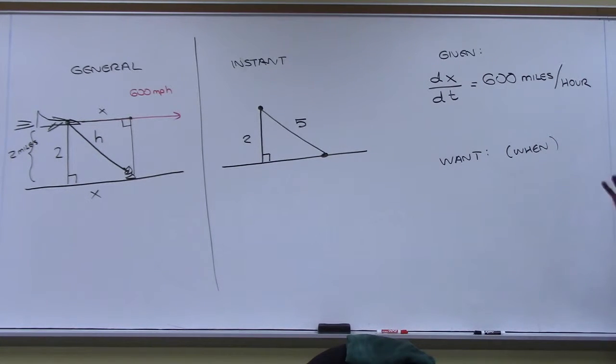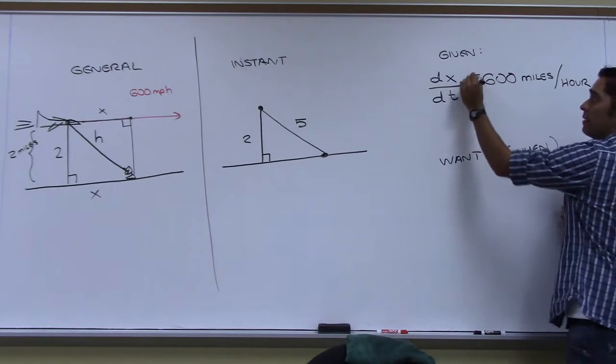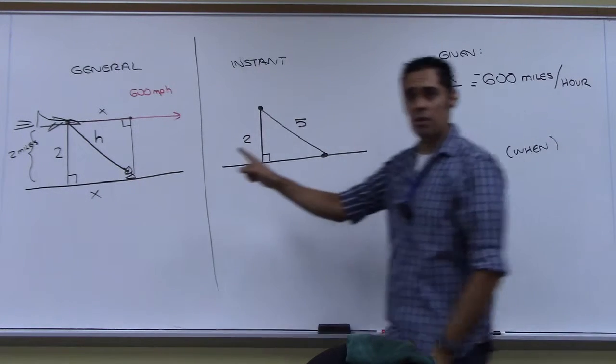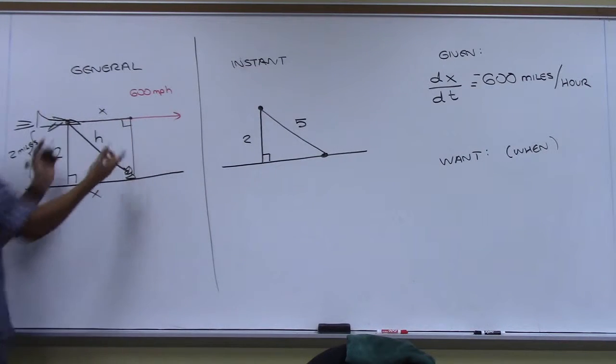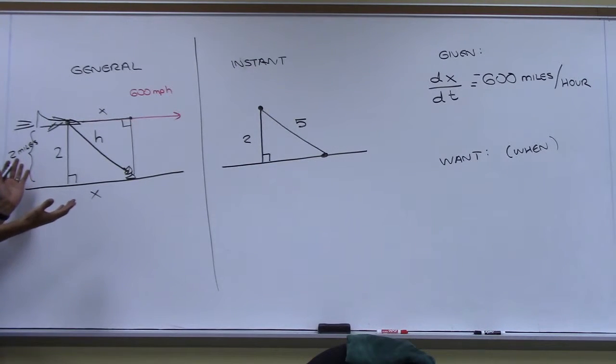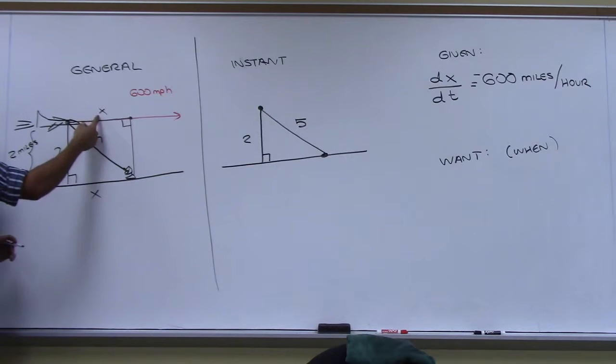But there's one other subtle thing. Is x getting larger or smaller in my picture? Smaller. It's getting smaller, which means it's a negative rate of change, which means I need to put a negative here. Because in my picture, x is shrinking, not growing, right? So I should put a negative change for x. Understand that?